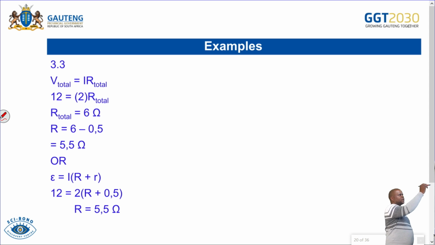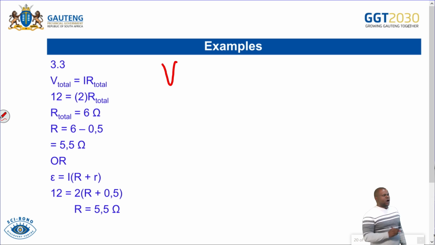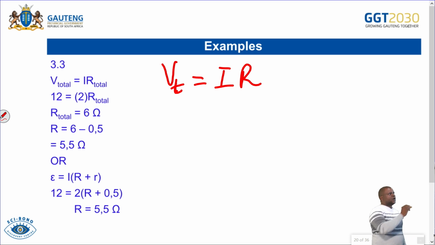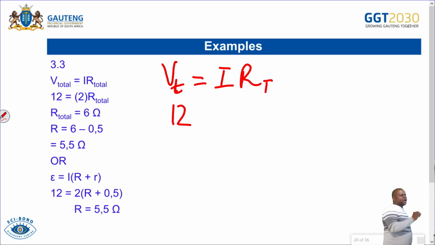In order for us to be able to calculate V total, we need to have the total potential difference, which is going to be equal to total current multiplied by total resistance. Then we know that V total is 12. Why 12? Because that is what the battery can offer to the circuit. Are we together?